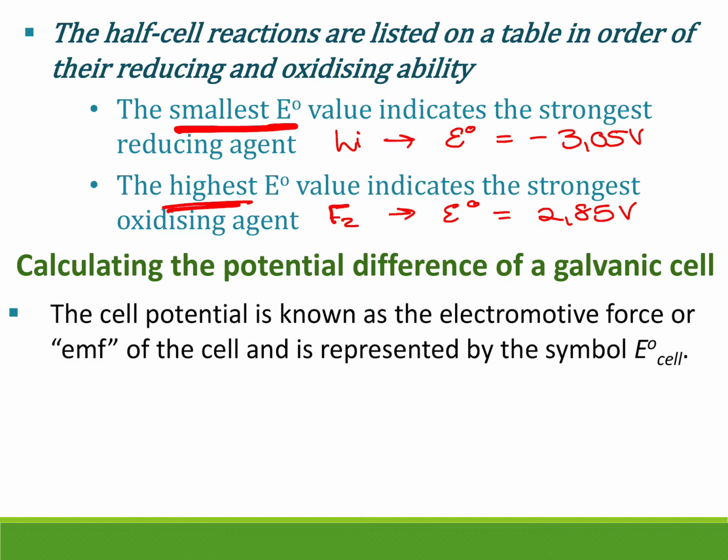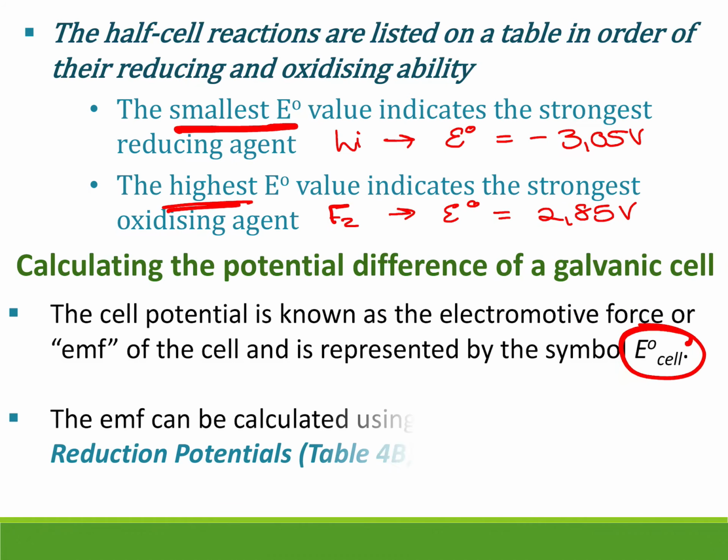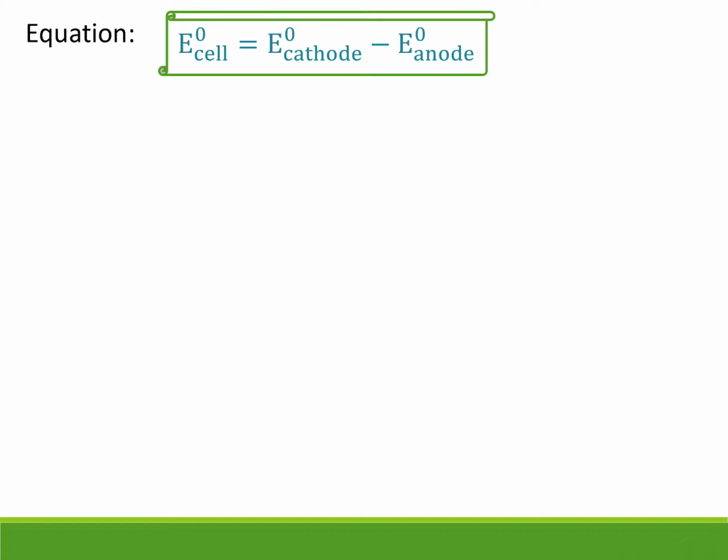Very important. Well, the EMF is now the E0 cell. The EMF is calculated using the table of standard reduction potentials, a very important concept for us. And the equation is given to us as the E cell equals the E cathode minus the E anode.